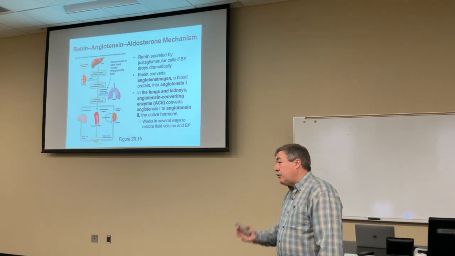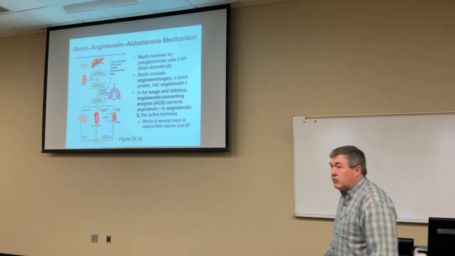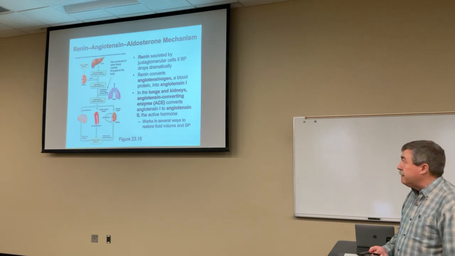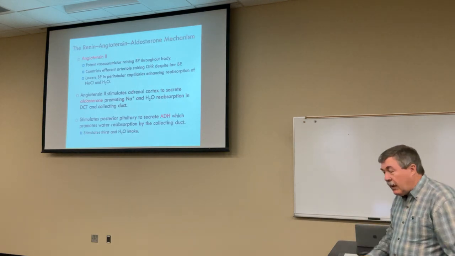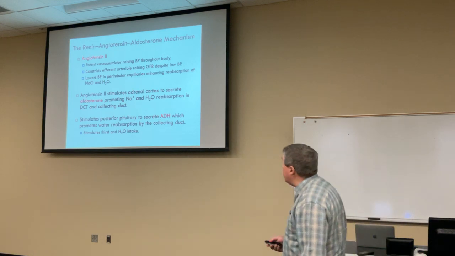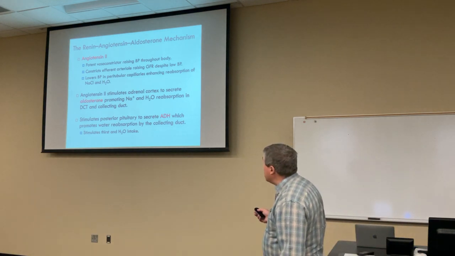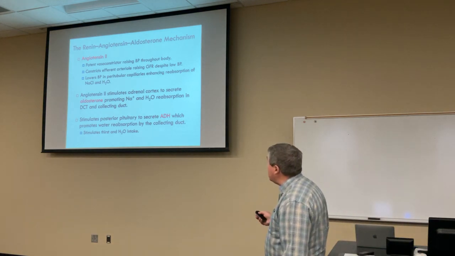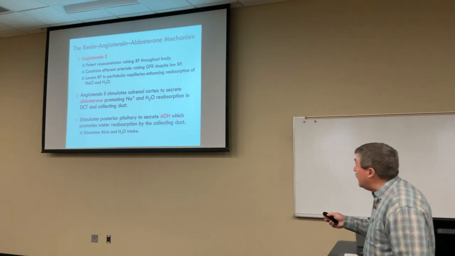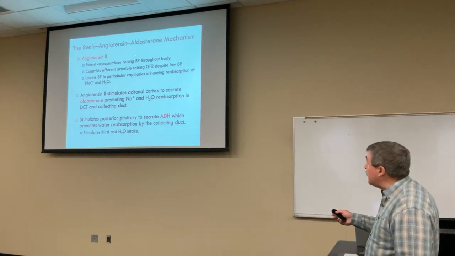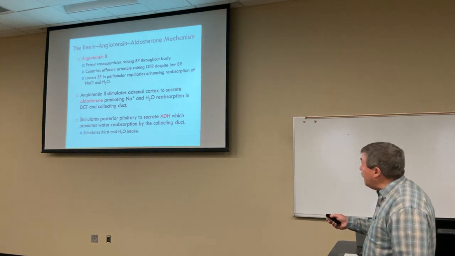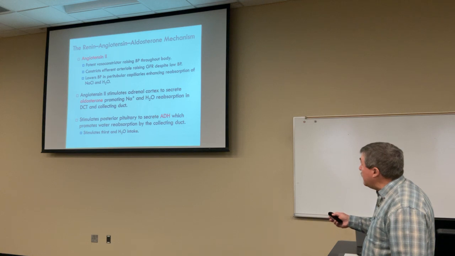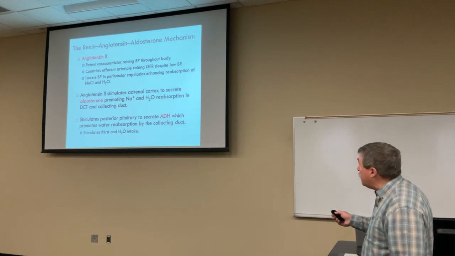As blood pressure falls too low, your GFR is going to go down. I actually copied this from your textbook. These are some of the effects of angiotensin II. Angiotensin II is a potent vasoconstrictor, raising blood pressure throughout the body. It constricts the efferent arteriole, raising GFR despite low blood pressure.